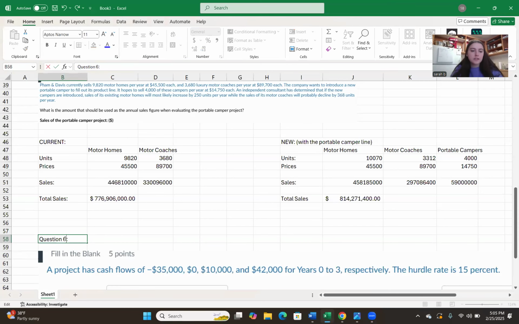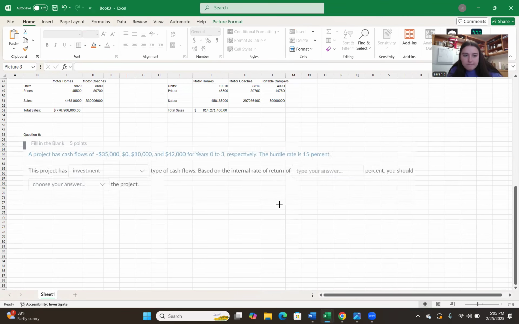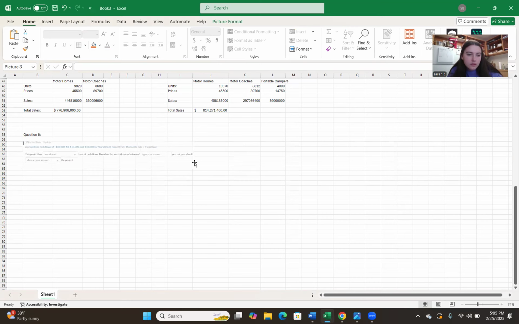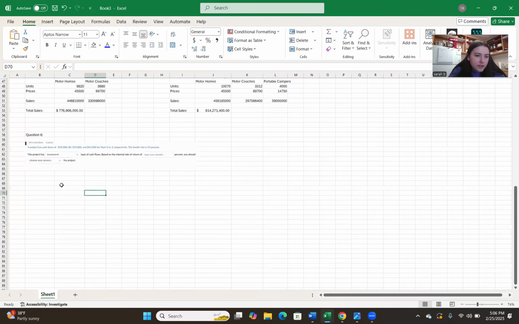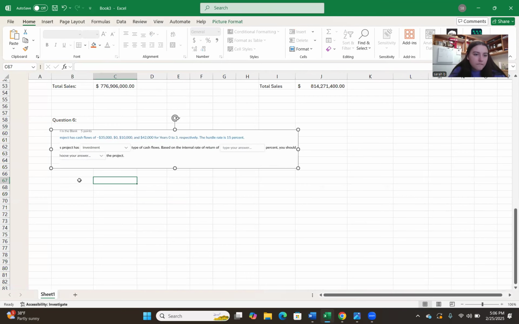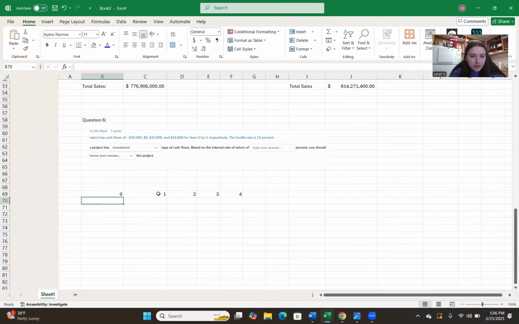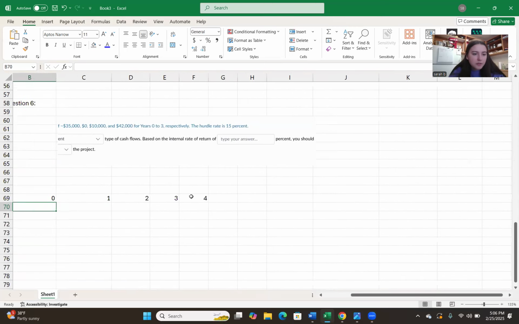This is number 6 though. Okay, so let me zoom in here. I don't know why it's cutting off like that. Okay. Project has cash flows, let's say 0, 1, 2, 3, 4. Except it's only 3. Why is my computer being annoying?